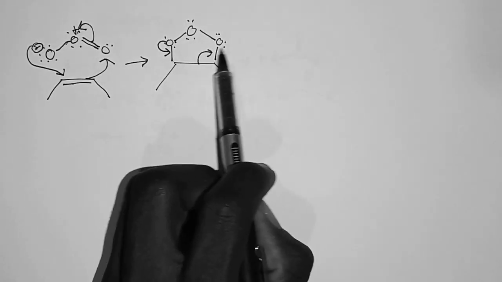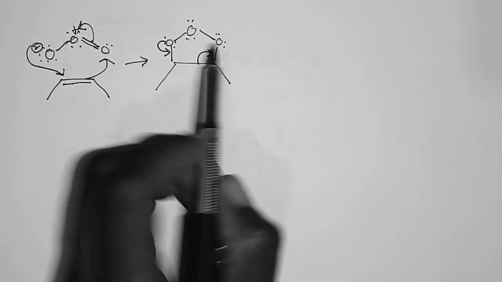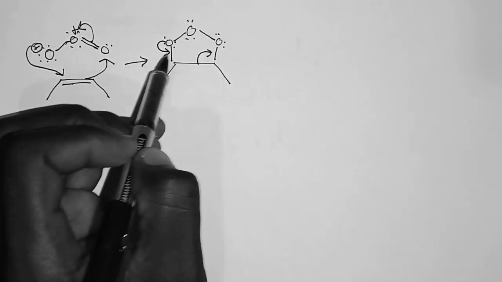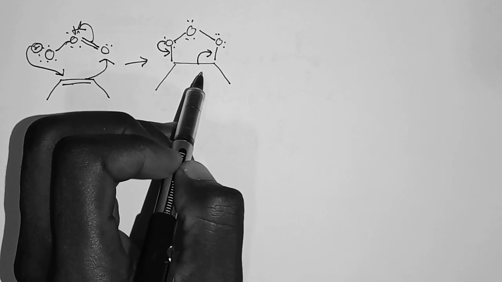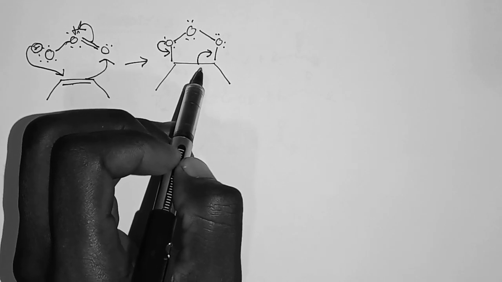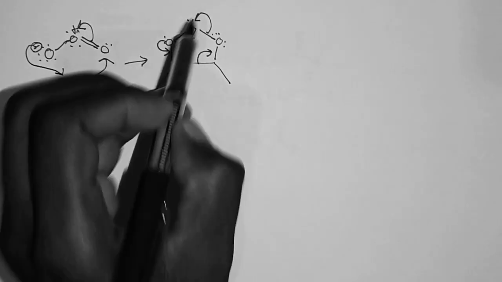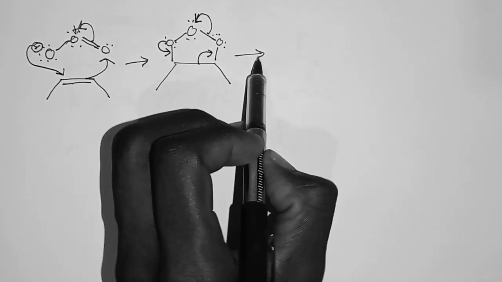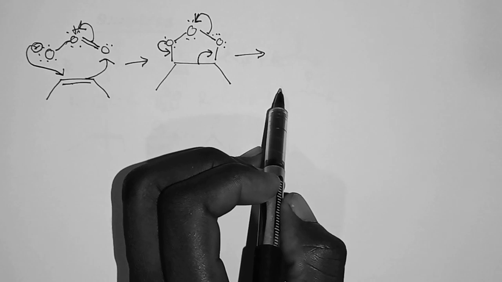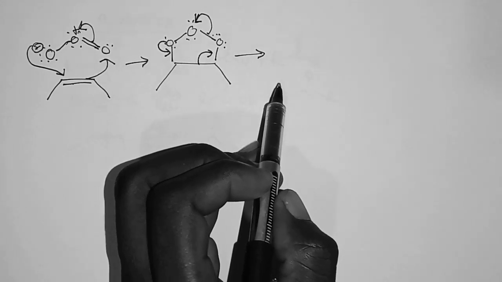And then the number of electrons here will be excessive, so it will cause this molecule to also cleave and push the electrons to this oxygen. That will lead us to this intermediate.